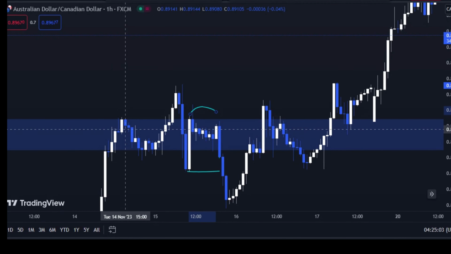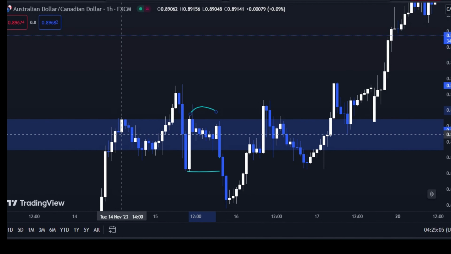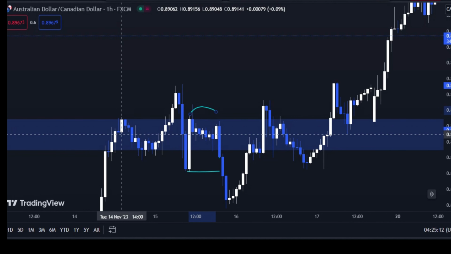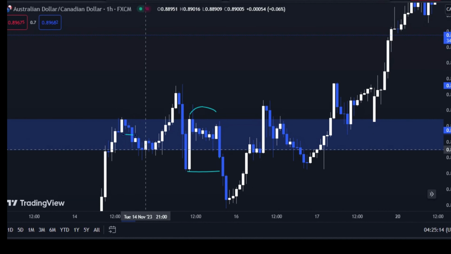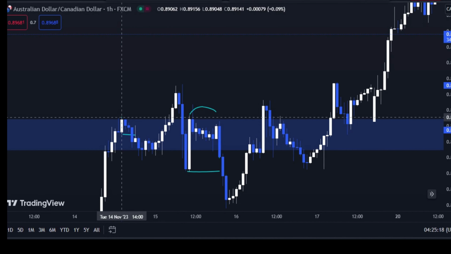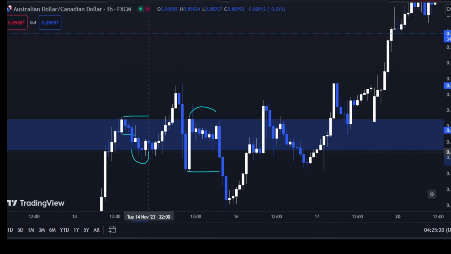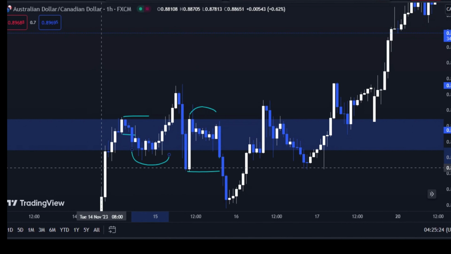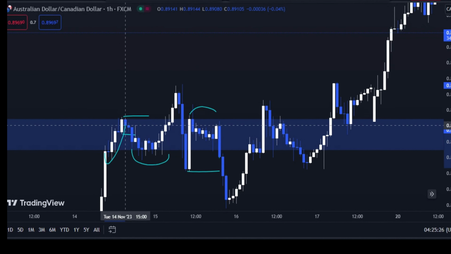What we needed to happen is we needed price to at least pull below this white candle's low, like price did here. Price pulled below the white candle's low here, then finally took out the high. So this is a valid pullback also. So here this move is something like this.